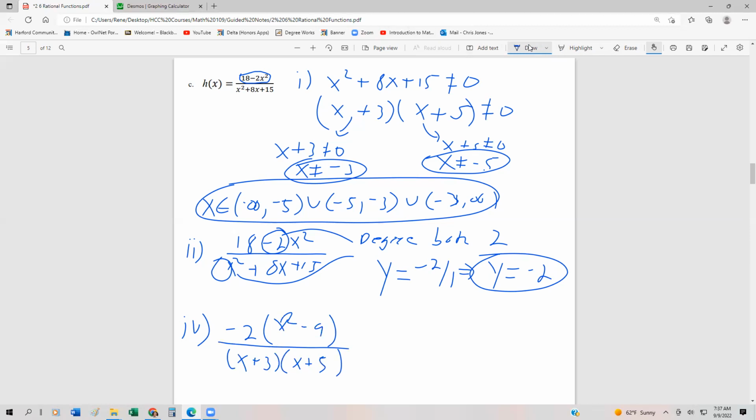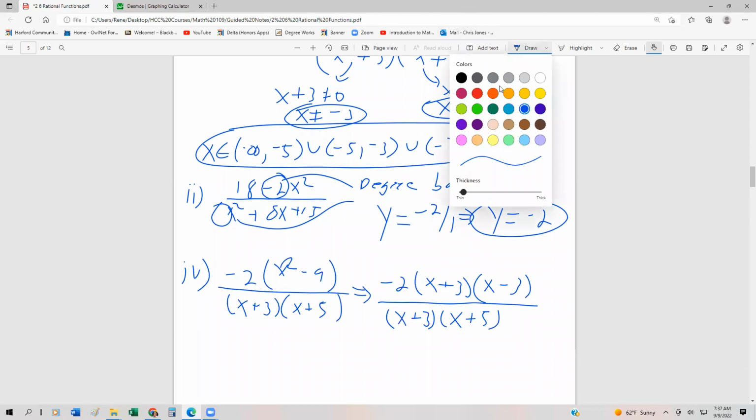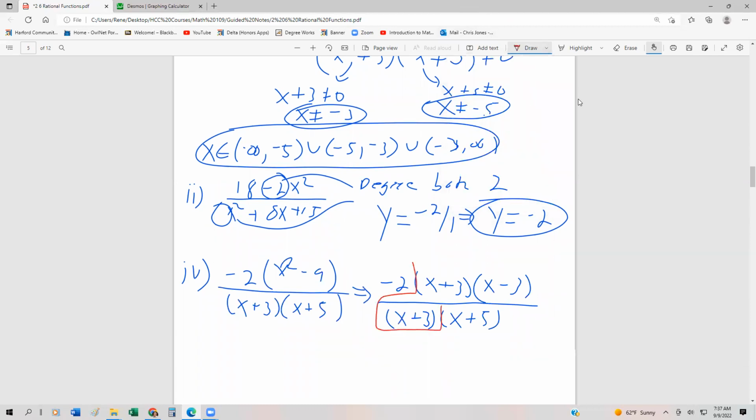Now, in the numerator, notice that we can factor the difference of squares. So remember, x squared minus 9 we can factor as (x plus 3)(x minus 3), and the denominator is (x plus 3)(x plus 5). Now, I want you to notice that there is a common factor of x plus 3 that exists between the numerator and the denominator.